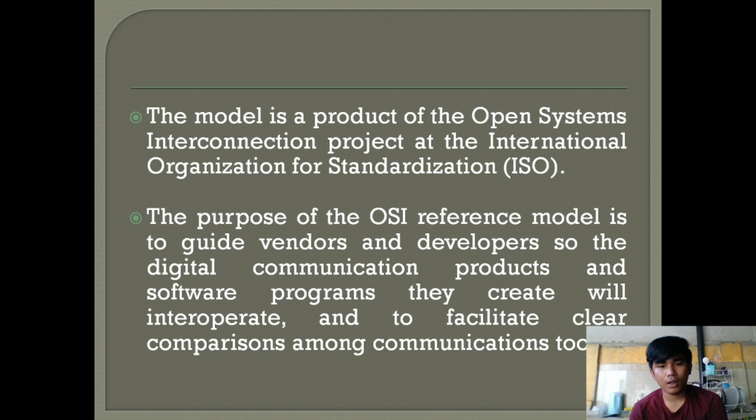The purpose of the OSI reference model is to guide vendors and developers so the digital communication products and software programs they create will interoperate and facilitate comparison among the communication tools.